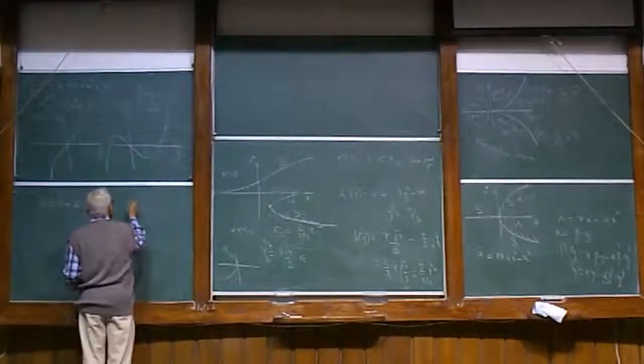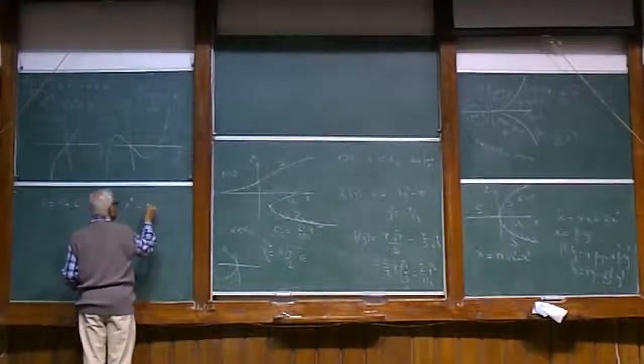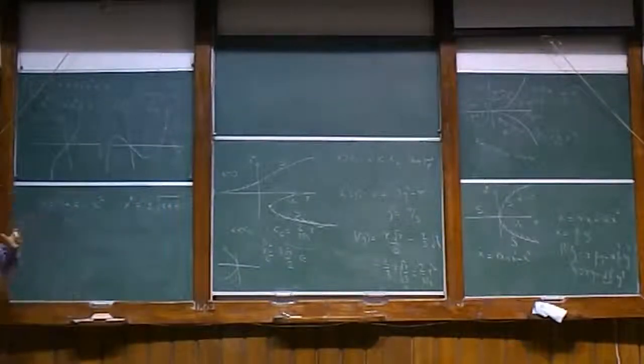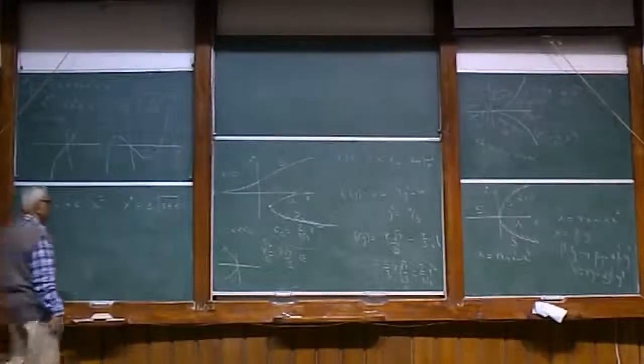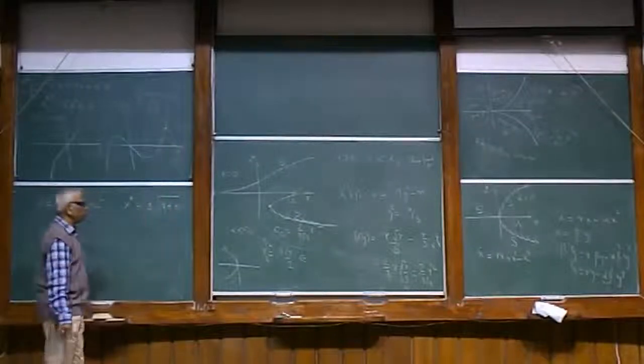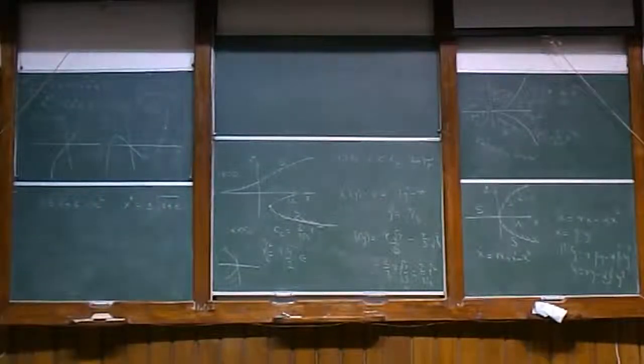x star is plus minus square root of r plus epsilon. So long as epsilon is small and does not create a real nuisance by becoming a negative epsilon and making the whole business problematic for you.